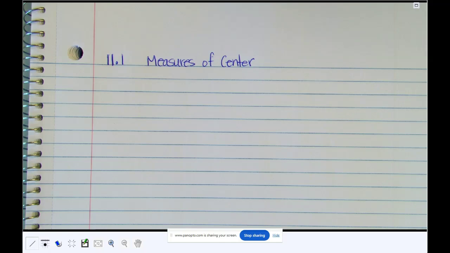We want to be able to talk about what we think is our average shoe size. Measures of center are ways to describe data, okay?